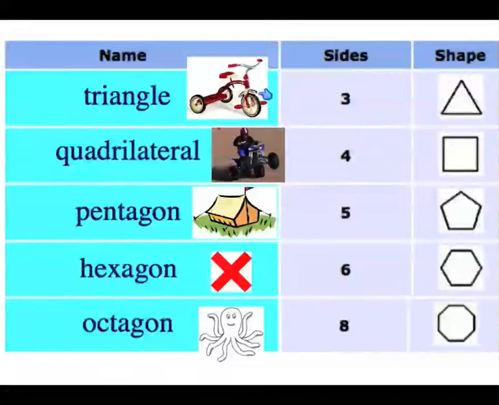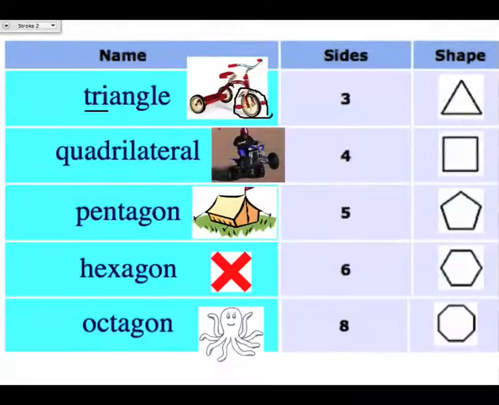And I have a picture of a tricycle here because that word tri at the very beginning can help you remember how many sides a shape has. So tri is for triangle. It has 3 sides, and tri means 3. So there's 3 wheels on a tricycle. That can remind you that a triangle has 3 sides.